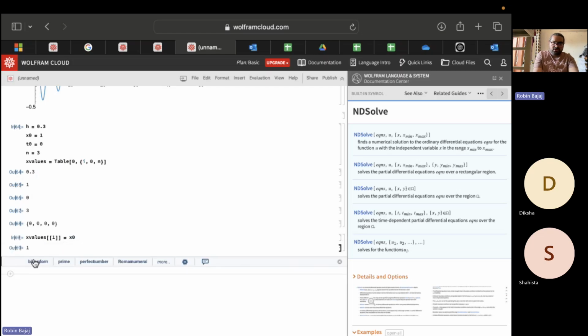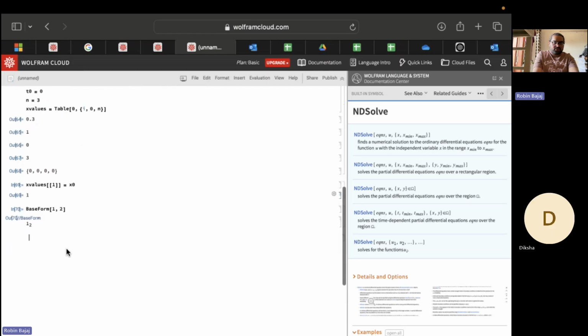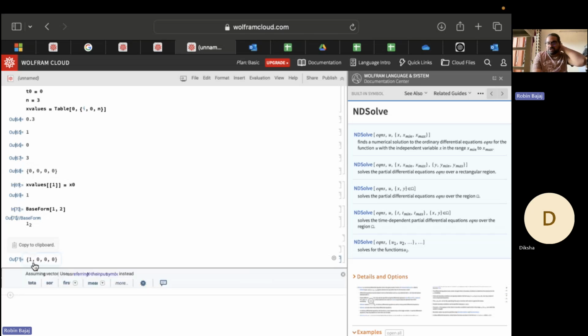I'll print the x values again to see whether the first element in this list has been modified or not. You see, the first element has been modified. So your t equal to 0 step x value is this.